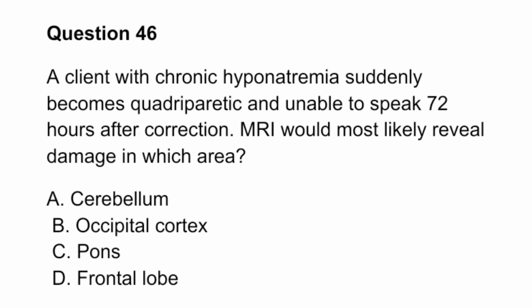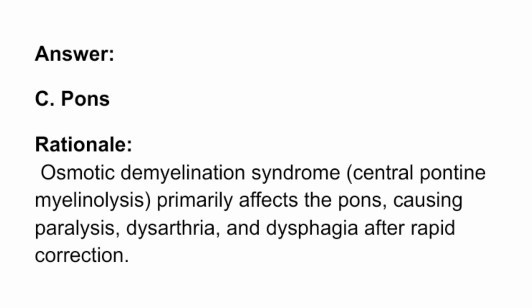Question 46. A client with chronic hyponatremia suddenly becomes quadriparetic and unable to speak 72 hours after correction. MRI would most likely reveal damage in which area? A. Cerebellum. B. Occipital cortex. C. Pons. D. Frontal lobe. Answer: C. Pons.